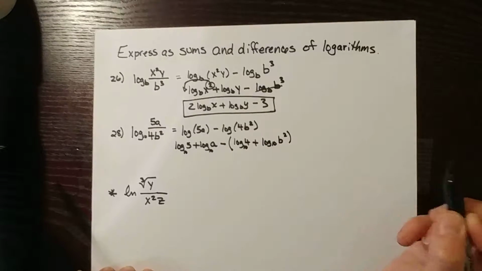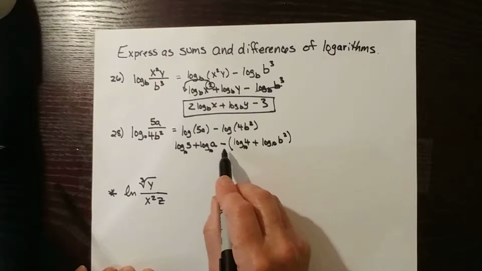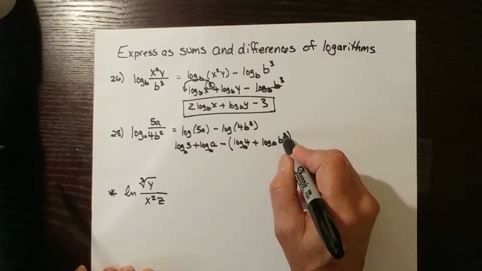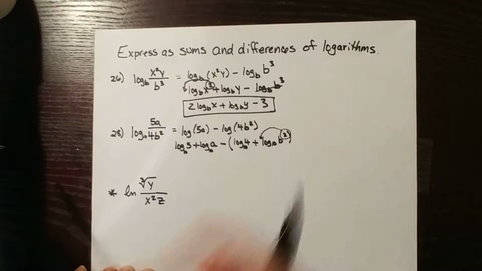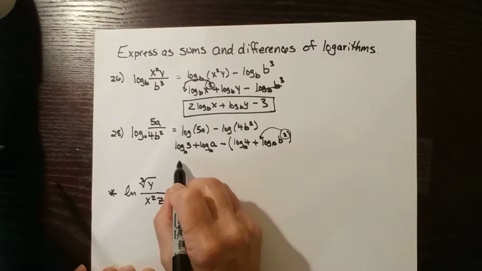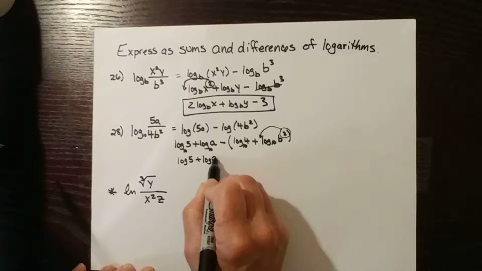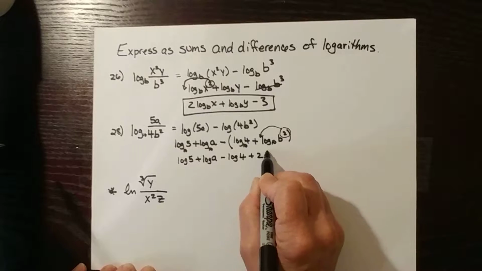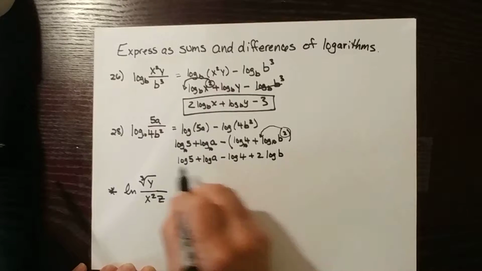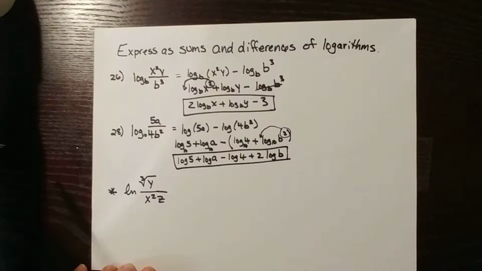You can write the 10 if you want to. All right, so the only thing left to do is distribute this negative to both of these terms, and I'm going to take the 2 and put it in front of this logarithm. So I'm going to move the power to the front. So this is going to be log base 10 of 5 plus log base 10 of a minus log base 10 of 4 plus 2 times log base 10 of b. And that is what that expression can turn into.